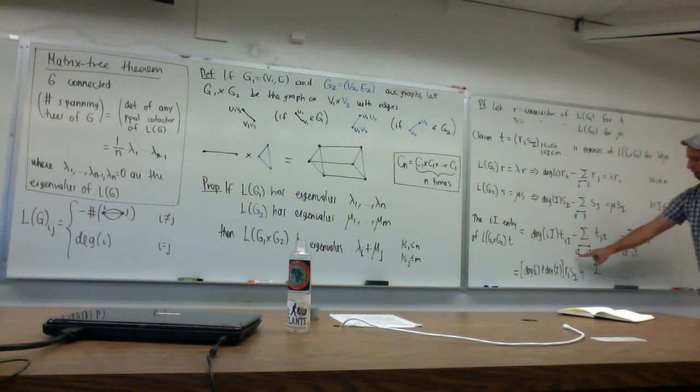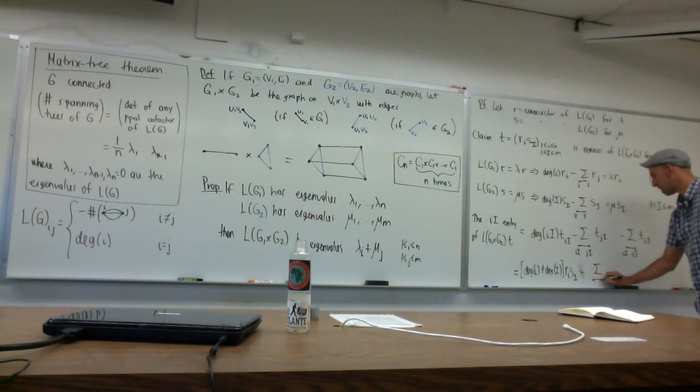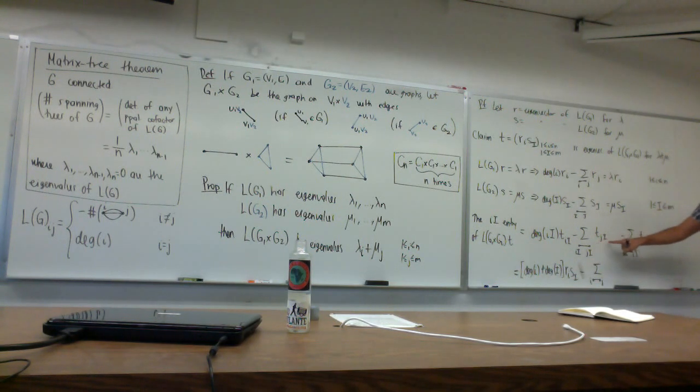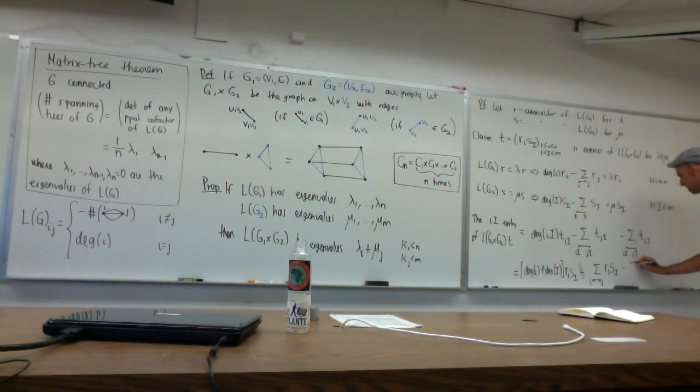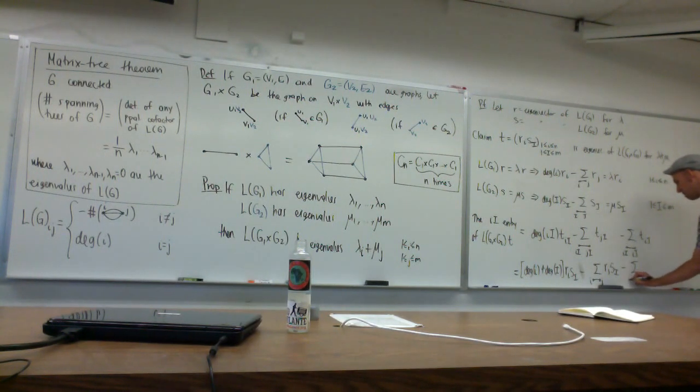Now, I is a neighbor of j, i when i is a neighbor of j in G1. Okay? And T j i is R j S i. Right? And similarly, now I sum over the neighbors j of capital I, and I get here R i S capital J.